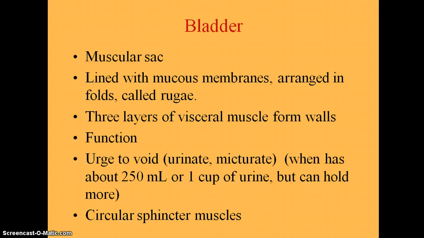Now, when you feel the urge to void, which is the term for emptying your bladder, or urinating, or another term for it is micturating, you're going to feel that urge when there's about 250 milliliters of urine in there, which is about a cup of urine. But you can actually hold more. The bladder can hold more.